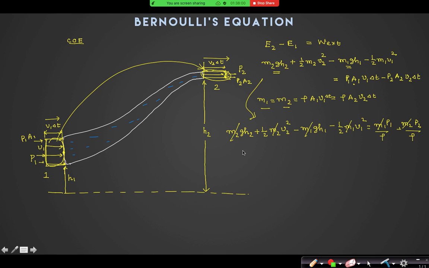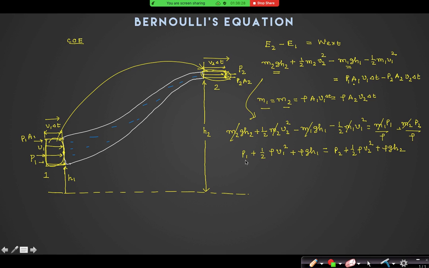So now you can write that if I multiply it with rho, P1 plus half rho V1 square plus rho GH1 is equal to P2 plus half rho V2 square plus rho GH2. Yes, it has to be.